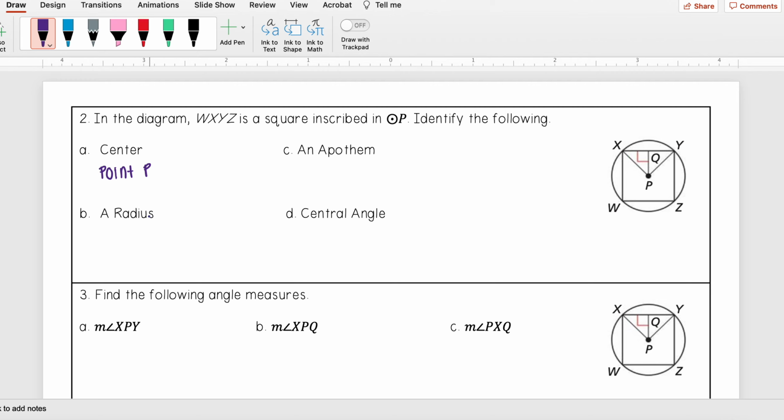Remember, the radius goes from the center to a point on the circle, in other words, to one of the vertices of my square. I have two radii I could choose from: PY, or you could say PX.